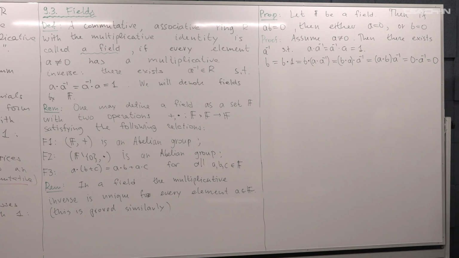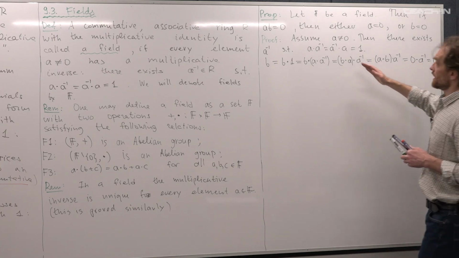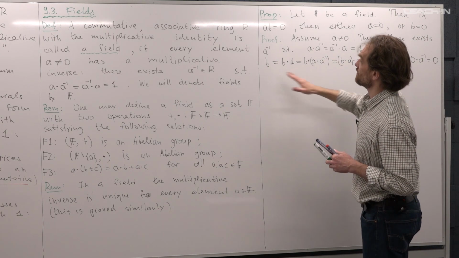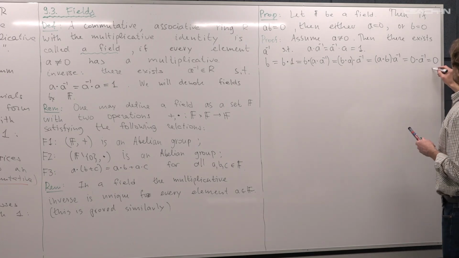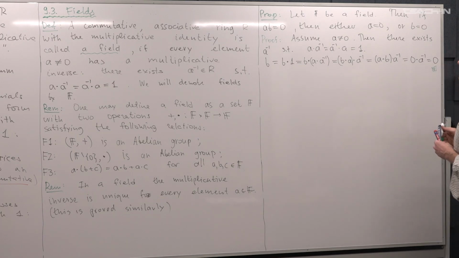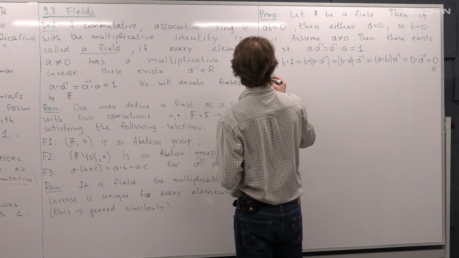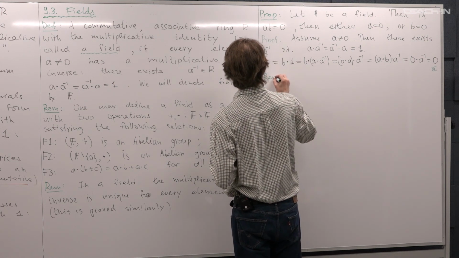So we conclude that if a is not 0, then b is 0. Similarly, we can conclude that if b is not 0, then a is 0. So this proves the claim, and I will make a remark on this.